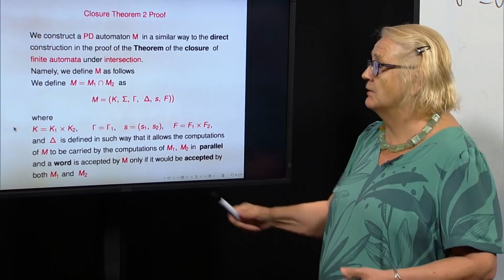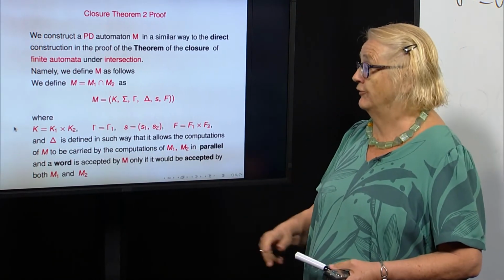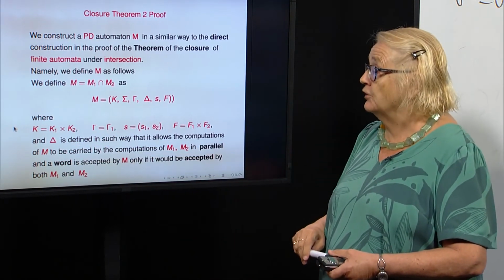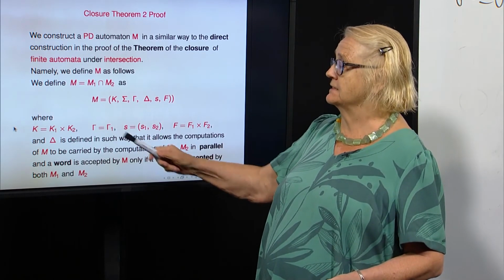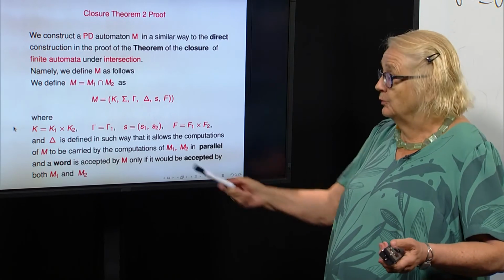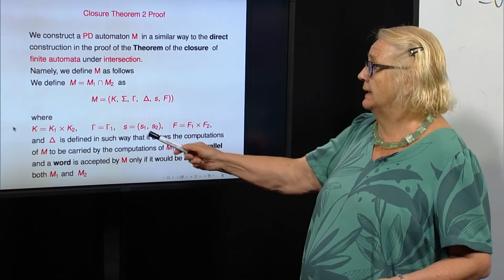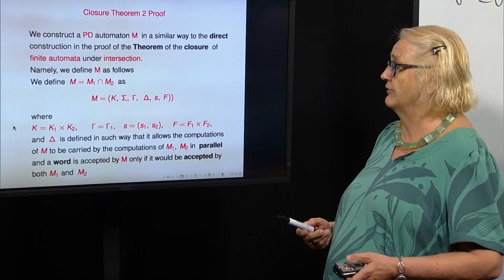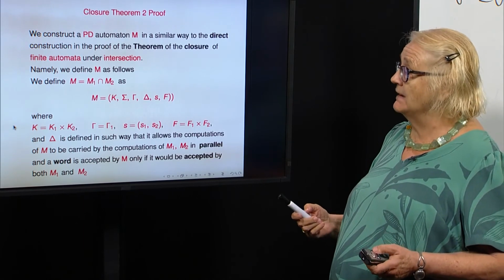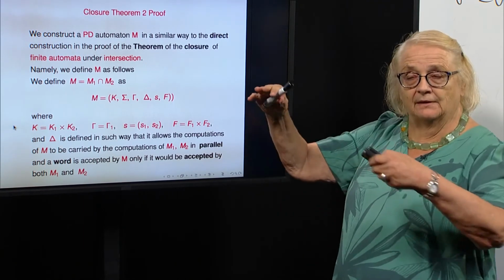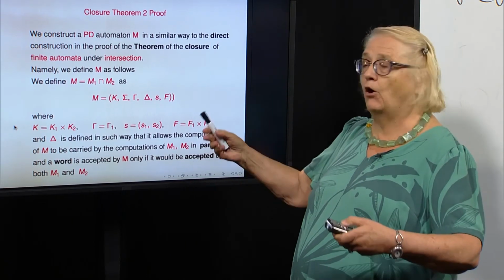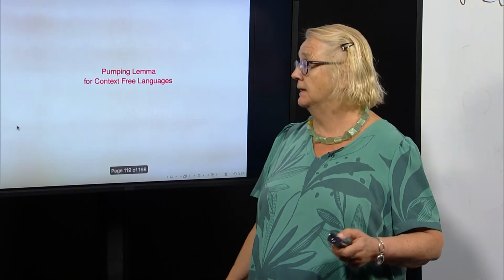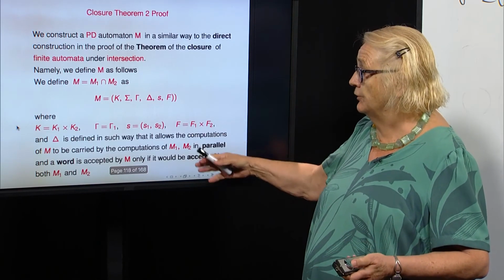The stack alphabet would be the stack alphabet of the pushdown automaton, the start state would be the tuple S1, S2, and the same for F. And we define the transitions so that they operate on coordinates, one as the finite automaton and the second as the pushdown automaton.